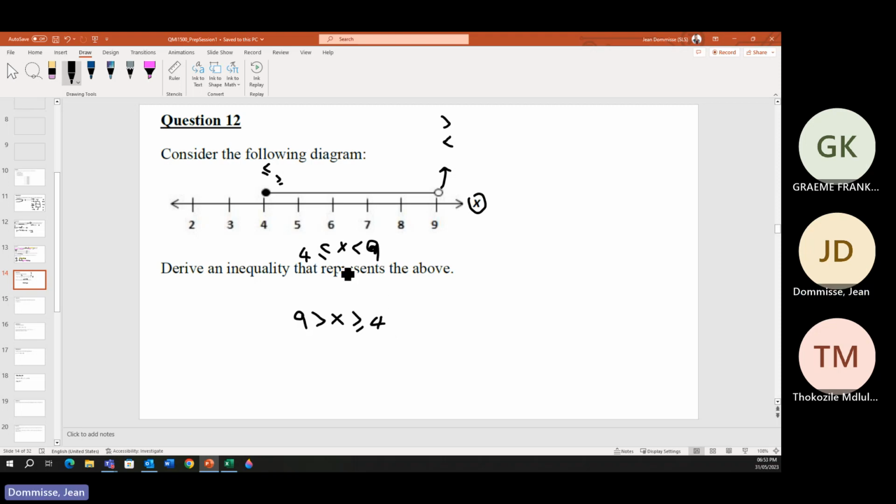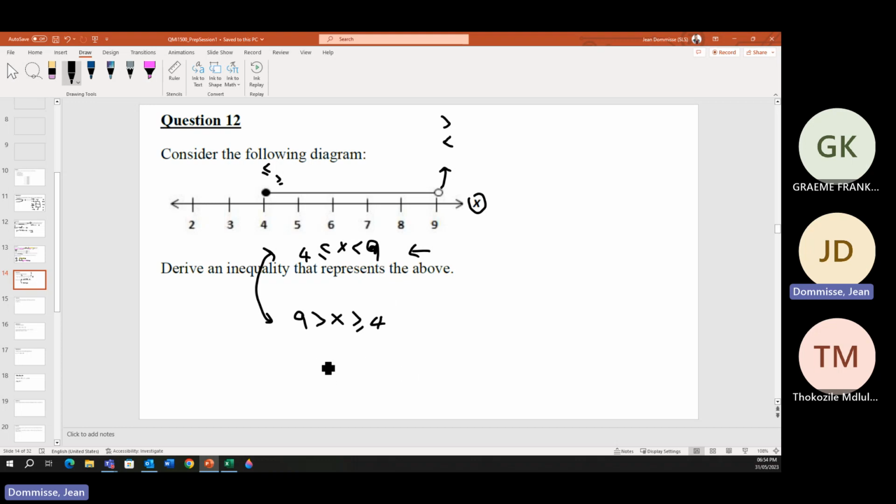Either is correct, as long as the closed circle includes the 4 and the open circle excludes the 9. Either one of these is valid. The one that they prefer mostly is the top one, but both are correct.